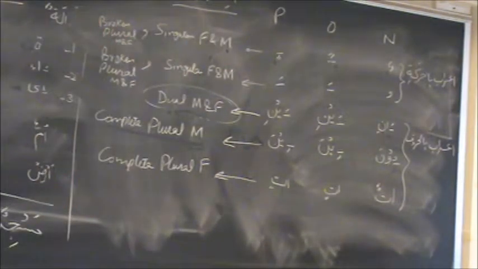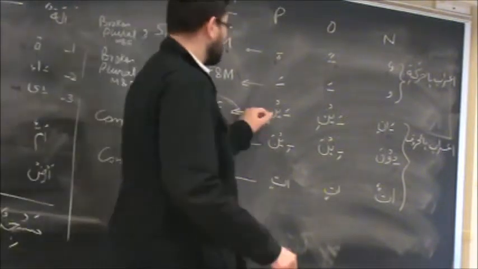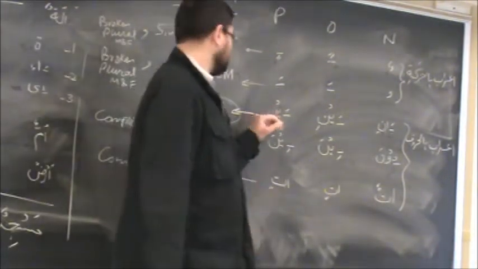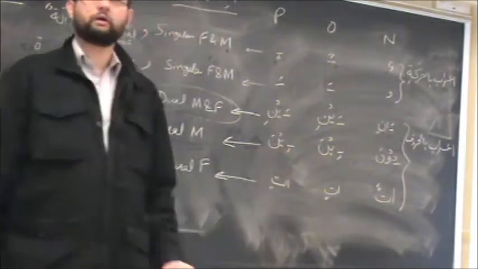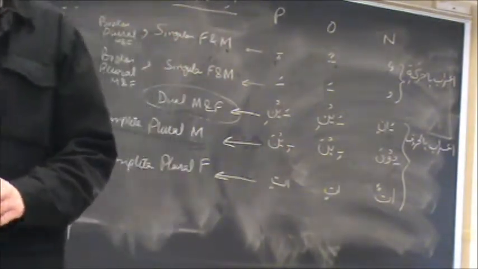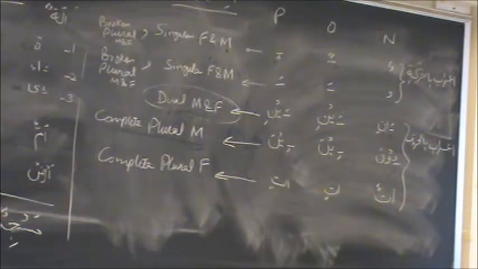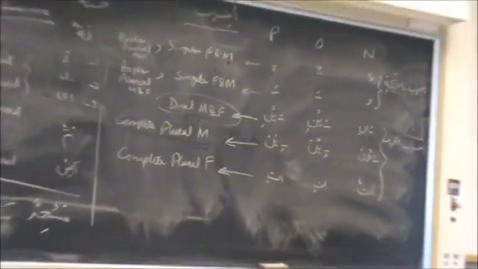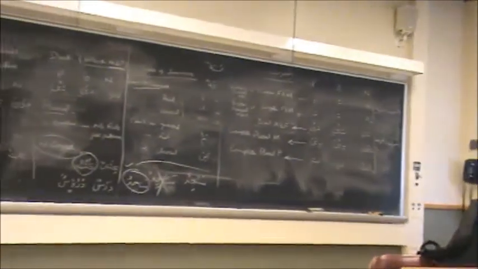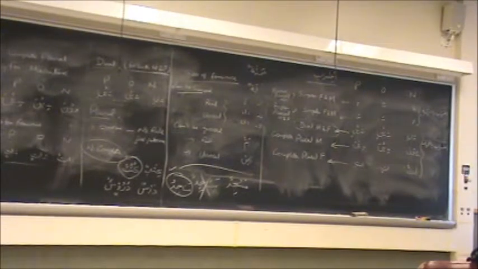Complete plural for feminine. Okay. So if you memorize this table, un, an, in, u, a, ani, aini, aini, for dual masculine and feminine, una, ina, ina, for masculine plural, complete plural, and atun, atin, atin, for feminine plural. So if you remember this, you can make 18 forms from one noun, which are here.